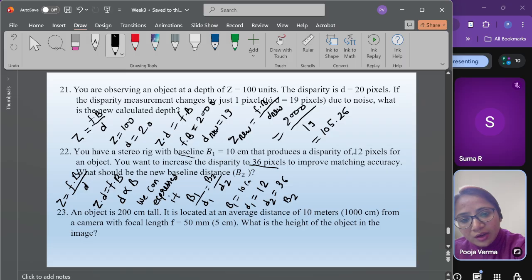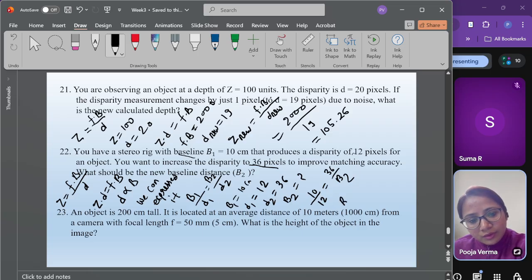Now we need to find out B2. So directly, if you put the values, you will get the answer: 10 by 12 equals B2 by 36.